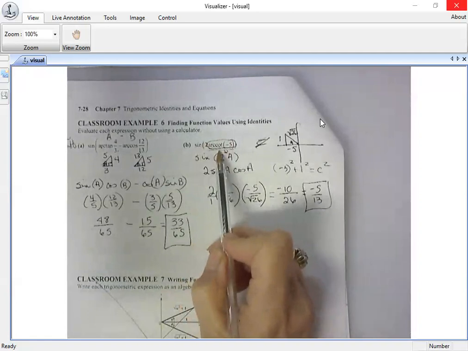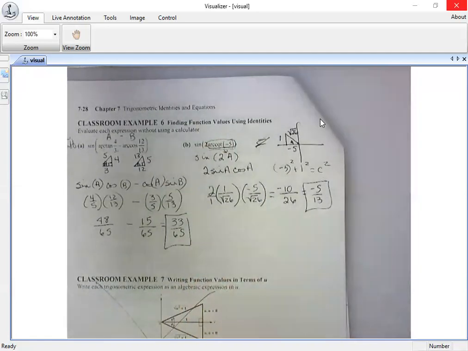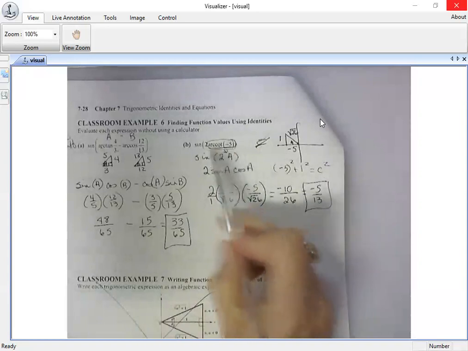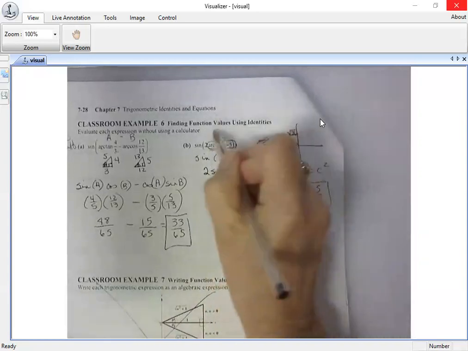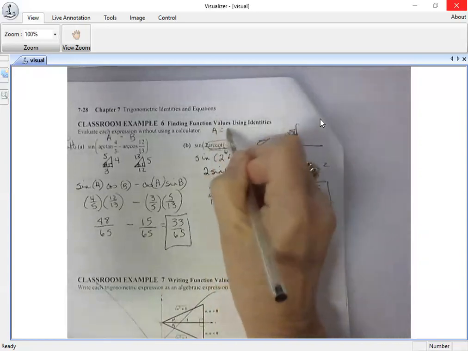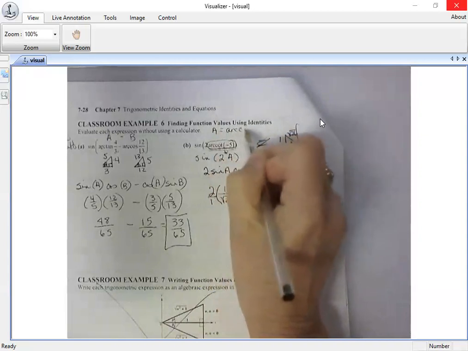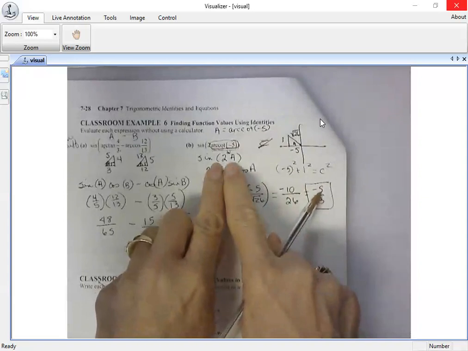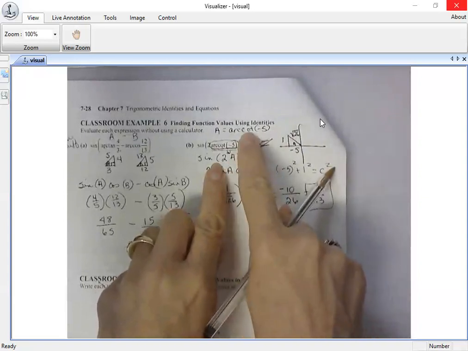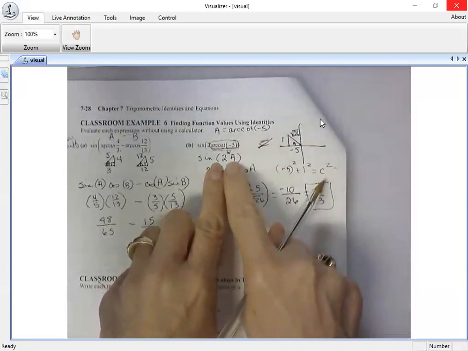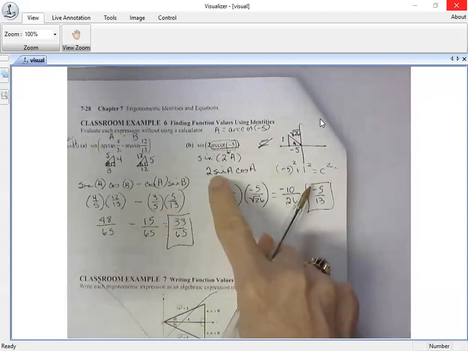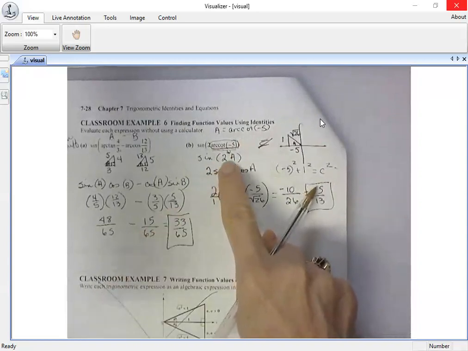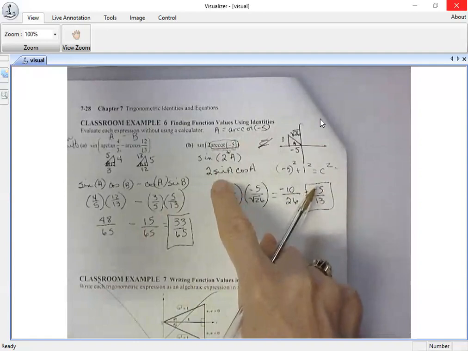And since I'm looking for an angle measure, rather than have something that looks real messy like this, I could just make angle A equal this arc cotangent of -5. Because this means I'm looking for an angle, I'm just going to call it angle A, then that's what told me I've got a double angle identity I can use, and I replace it with this off the double identity sheet. Okay? All right.